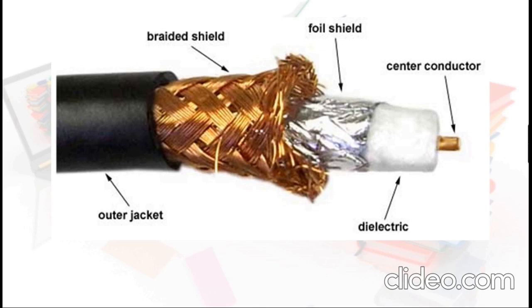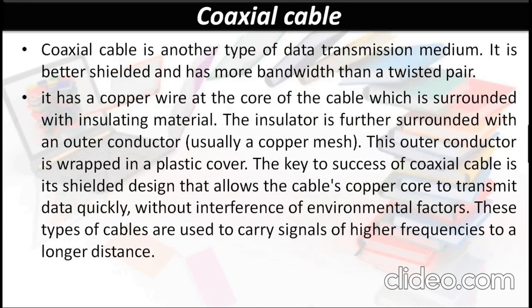This coaxial cable has more capacity than the twisted pair cables. Coaxial cables are divided into various categories depending upon the thickness, size, shield, insulators, outer coating, and other characteristics of the cable. Therefore different types of cables are used to carry higher frequencies for longer distances.